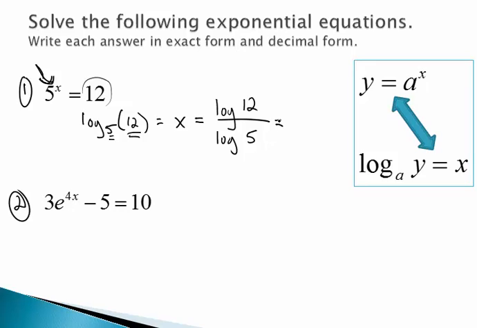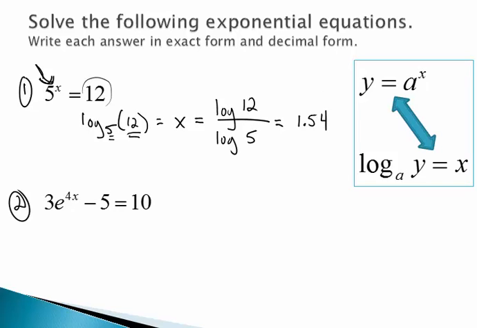Those are the ones I can plug into my calculator. If you want to practice, type in log 12 divided by log 5. It should give you a value of 1.54.